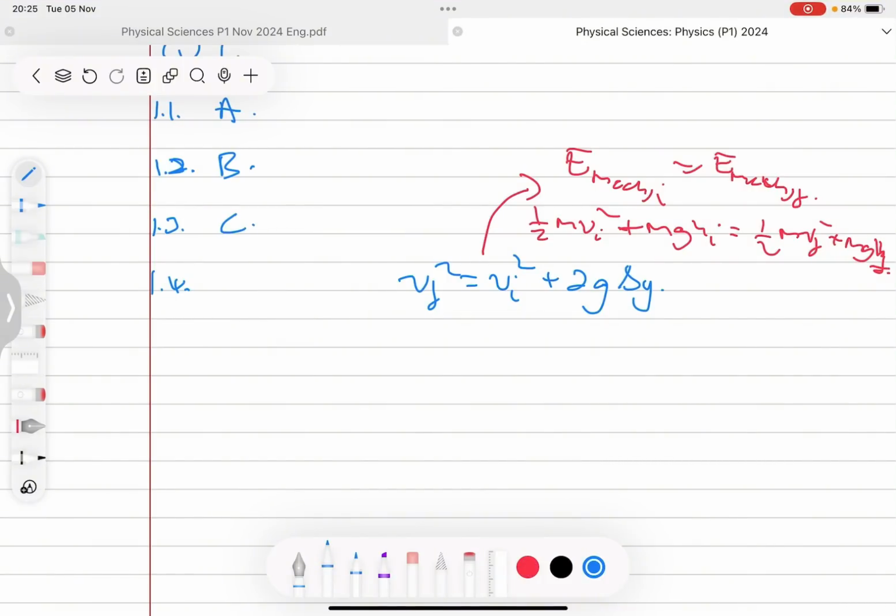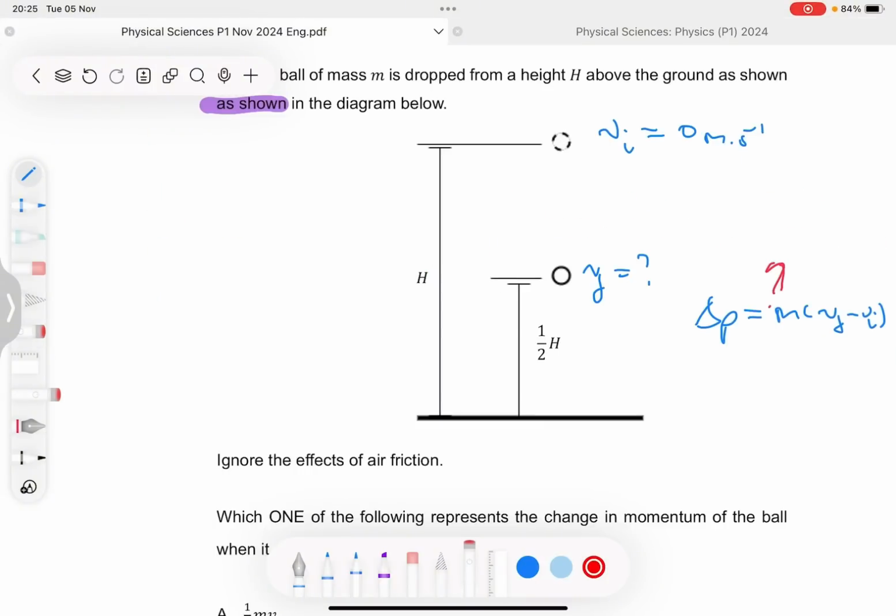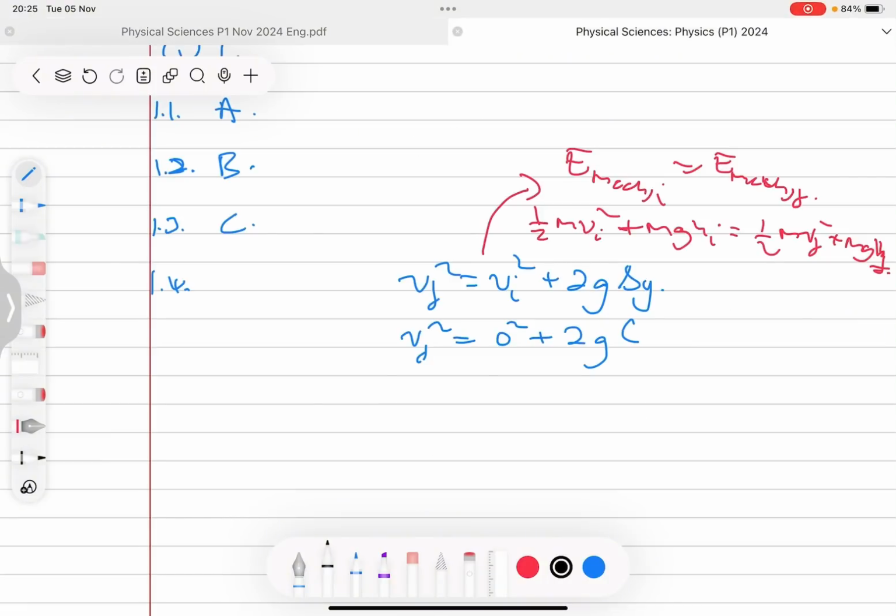Now, from this, I will say my final velocity squared is equal to 0 squared because the initial velocity is 0. Here we'll have 2g. And then our final height. Remember that our initial height, we started at this height here, which is h. Our initial height is h. Then this will be our final height.